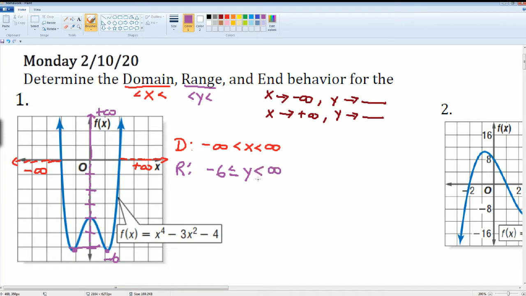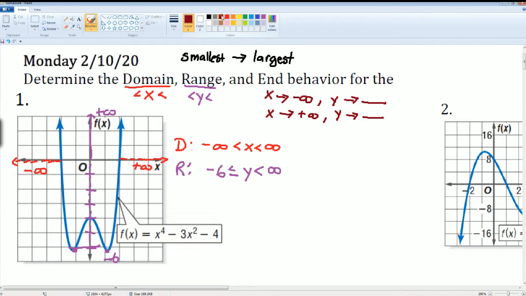There's no equal to symbol here, because it's just infinity. Again, remember, when you write the inequality, it is from the smallest to the largest. That's why it's negative six all the way to positive infinity.